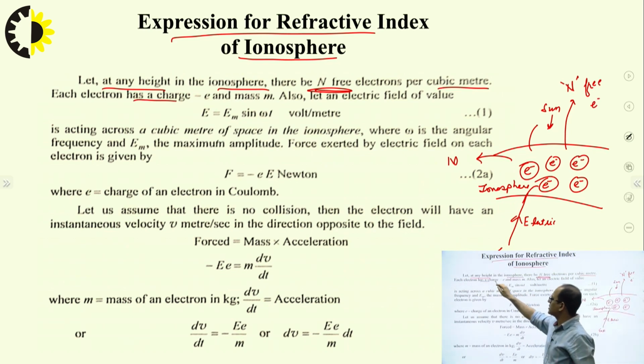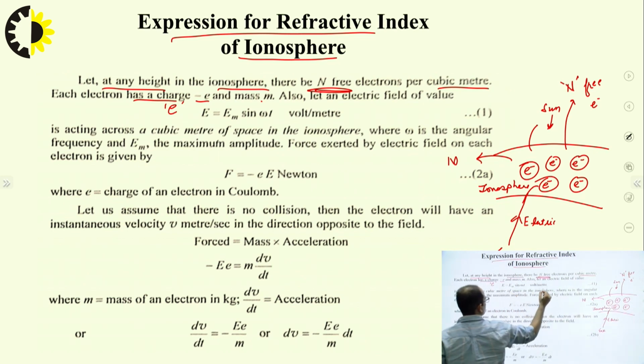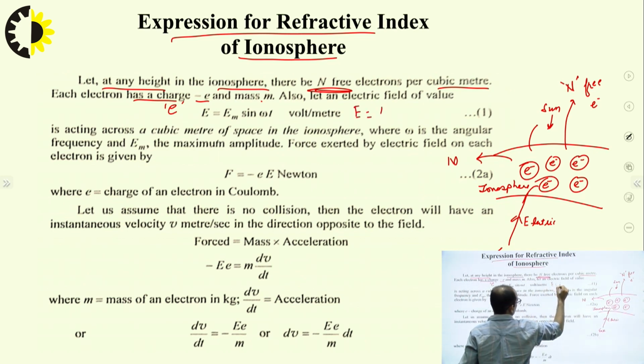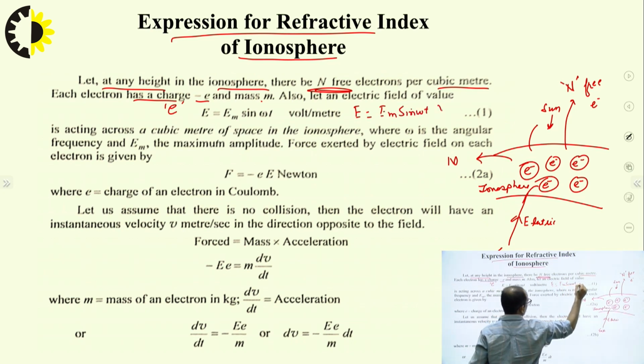Each electron has a charge e and mass m. Let's say the electric field is E equal to Em sin omega t volt per meter.